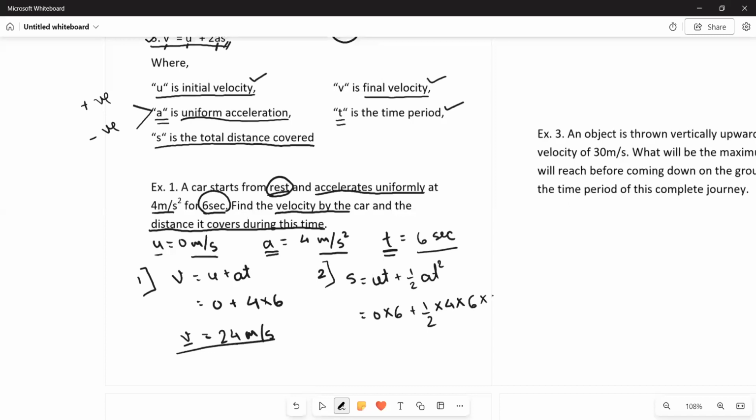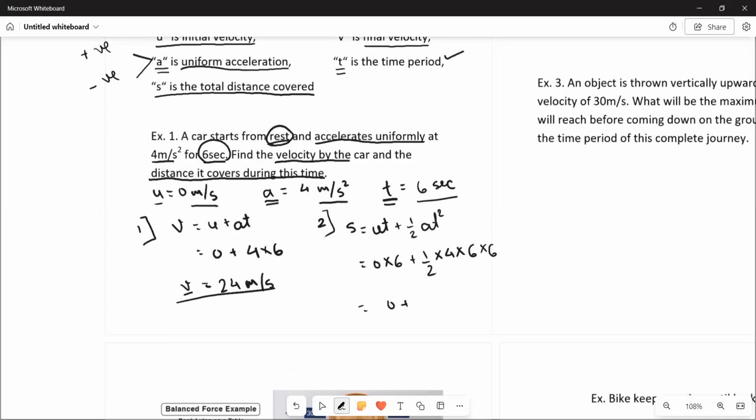Can write it this way also. Okay. So 0 multiplied by 6 is equal to 0, and now we can cancel out this 2 with this 4 as 2 times.